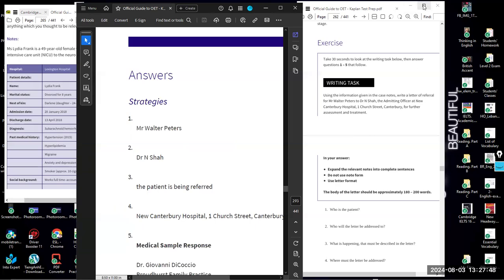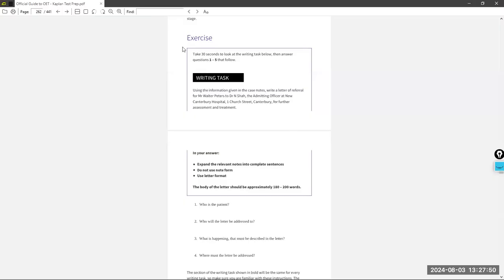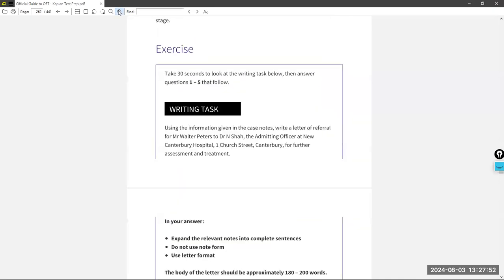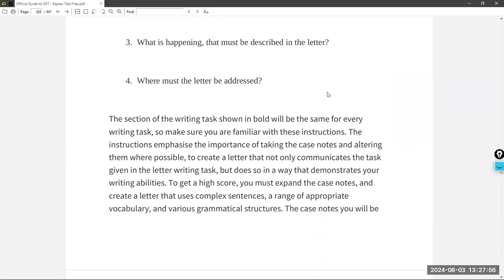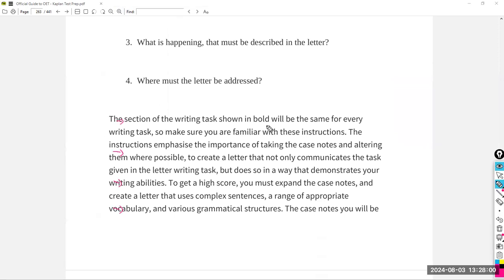Okay, now I think we have to complete. And I have to zoom the page in. Okay, so the section of the writing task shown in bold will be the same for every writing task.